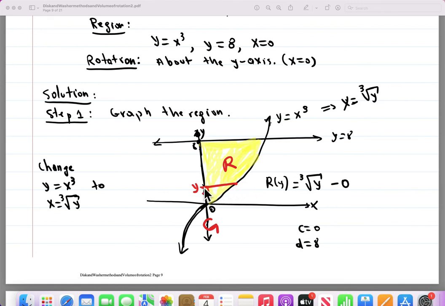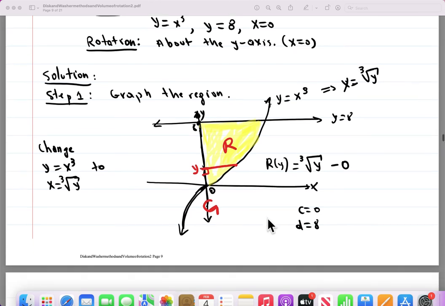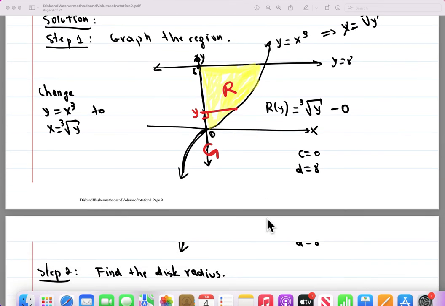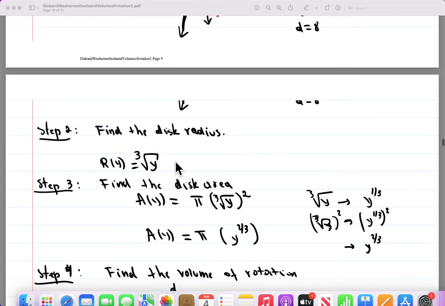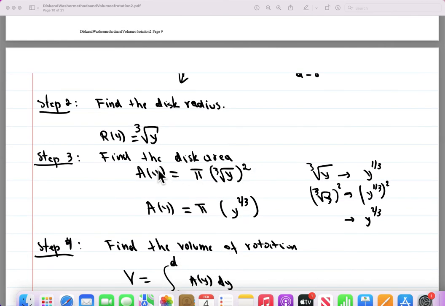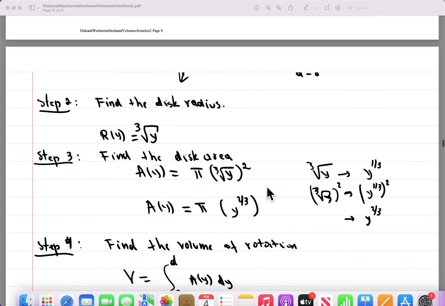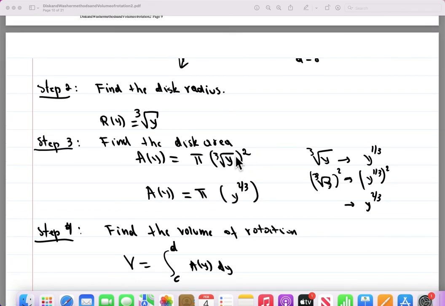And this point is on the y-axis, so we're going to call it x equals 0. So when you take cube root of y minus 0, you get r of y, which is your radius. So now that we have the radius, we move to step 2. You write down the radius, and then you find the disk area by squaring the radius and then times pi.